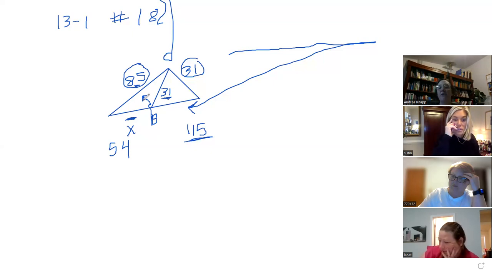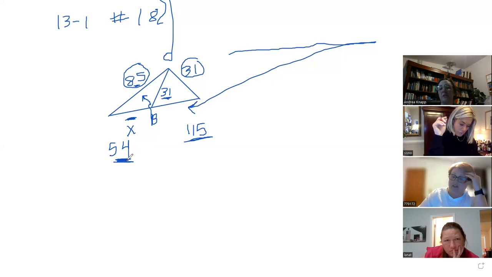So that would make the sum of those two sides equal to the third, but that's not good enough because that just flattens it. You need those two sides to be greater than the third side. So 54 is a little bit short.